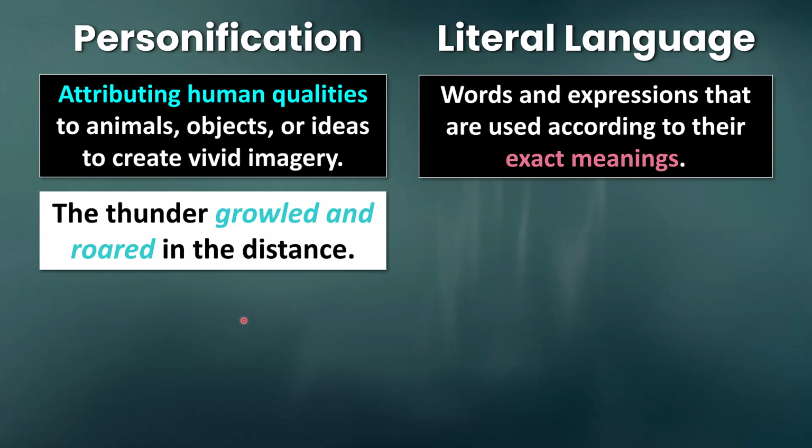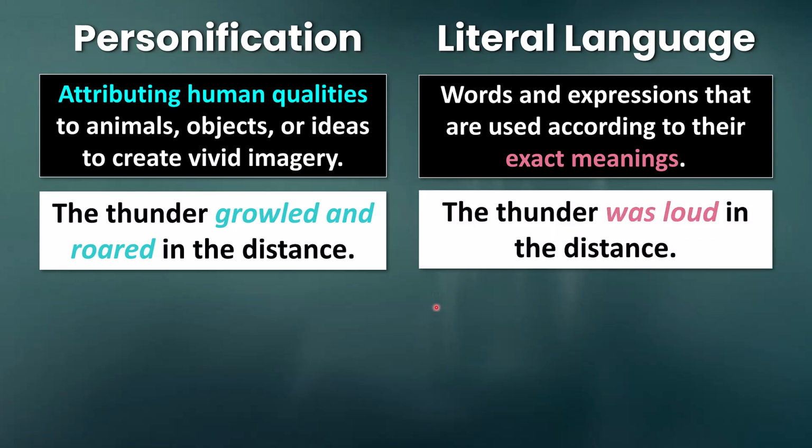So, the key to personification is giving any kind of living traits, whether human or animal, to something that is not alive. Thunder is an inanimate, non-living thing, but it's being described as if it can produce sounds that animals make. If we were to compare this with a sentence that is literal and uses literal language, the thunder was loud in the distance.